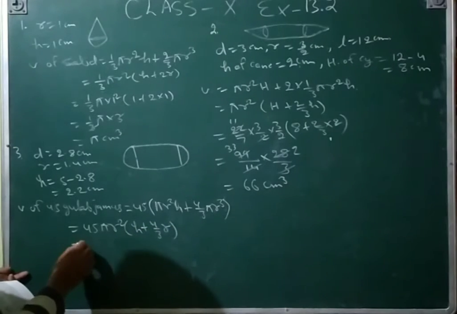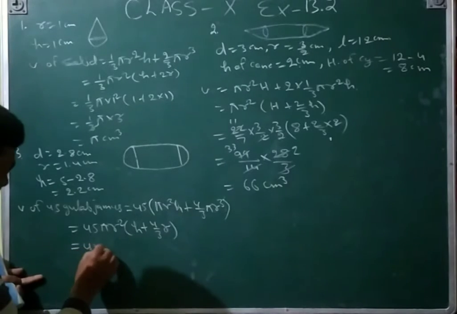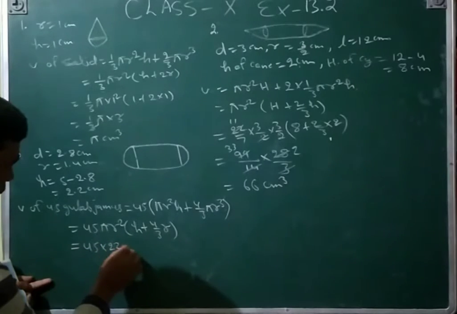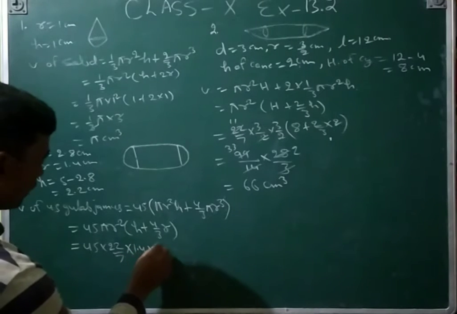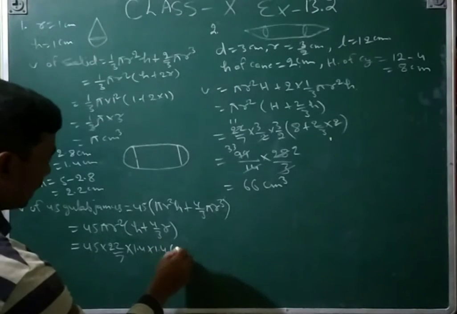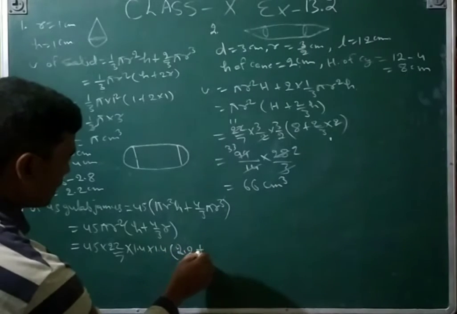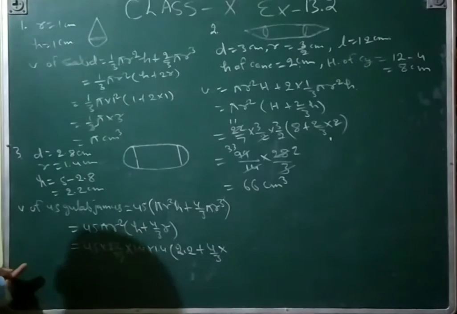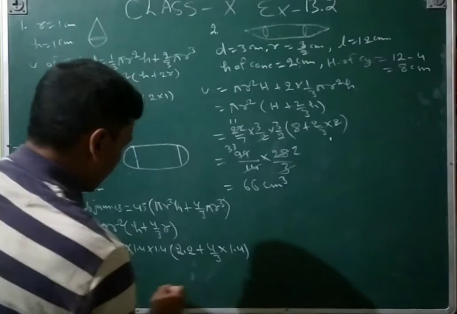Now we will place the values. That will be 45 into pi value, which is not given here, so 22 upon 7, into r is 1.4 into 1.4, bracket h value is 2.2 plus 4 upon 3 into r value 1.4.